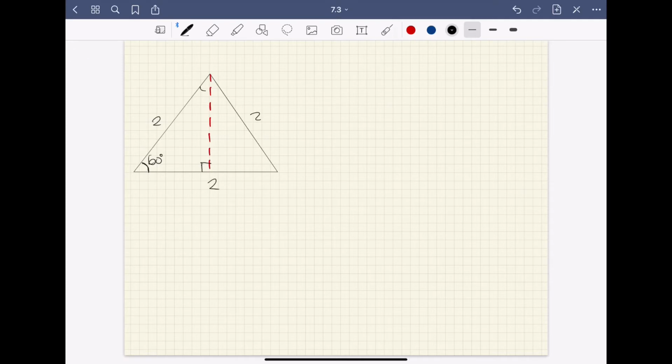And so what's this one? 180 minus 90 minus 60, this angle will be 30 degrees. And so the height cuts the bottom side into 2 equal parts. Each part is equal to 1. Okay, so let's take the left triangle out.